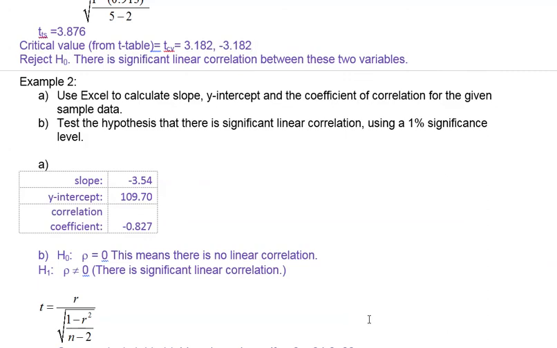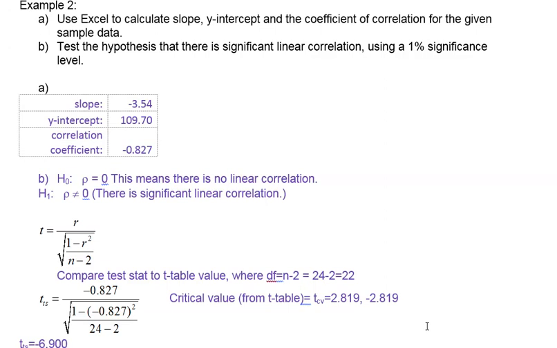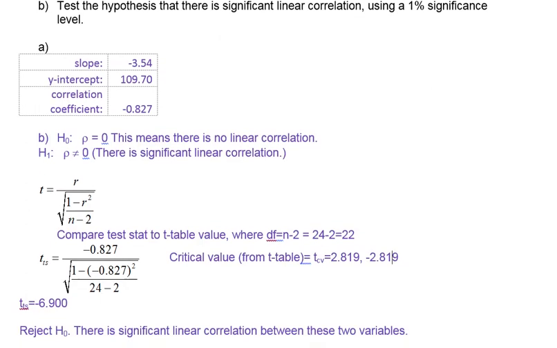When we plug that in, we get a test statistic of negative 6.90, which is very far down compared to our critical value, the left one being negative 2.819, with 24 minus 2, so 22 degrees of freedom. So we definitely are in the critical region, we definitely can reject H0, and there's definitely significant linear correlation between these variables.